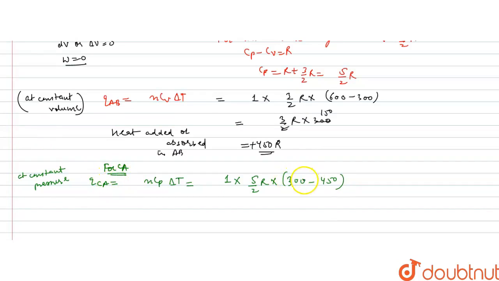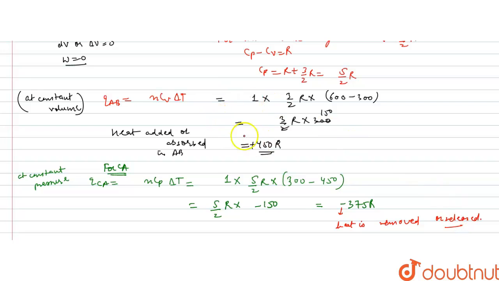So the initial temperature is 450 and the final is 300, so it will be 5 by 2R into minus 150. So this gives us minus 375R. The minus sign indicates that the heat is released or removed from the system.